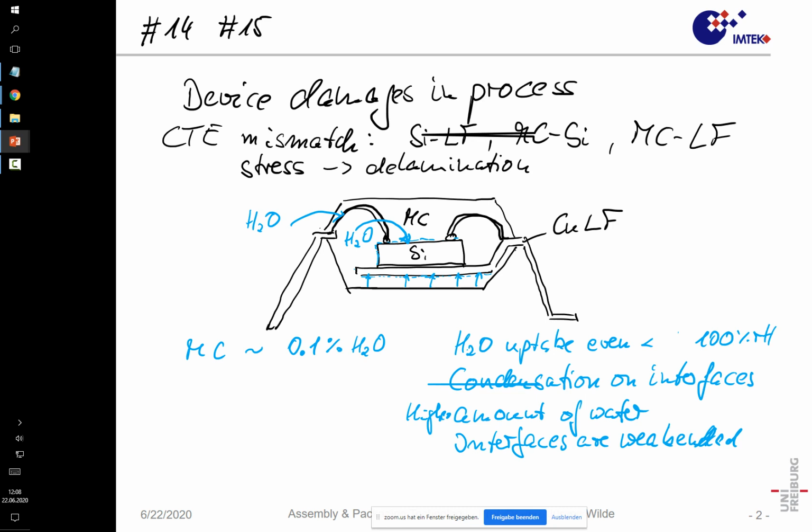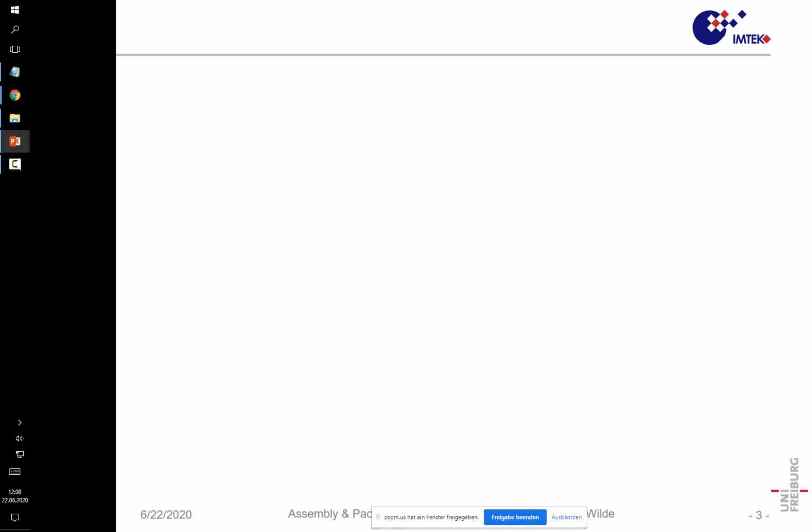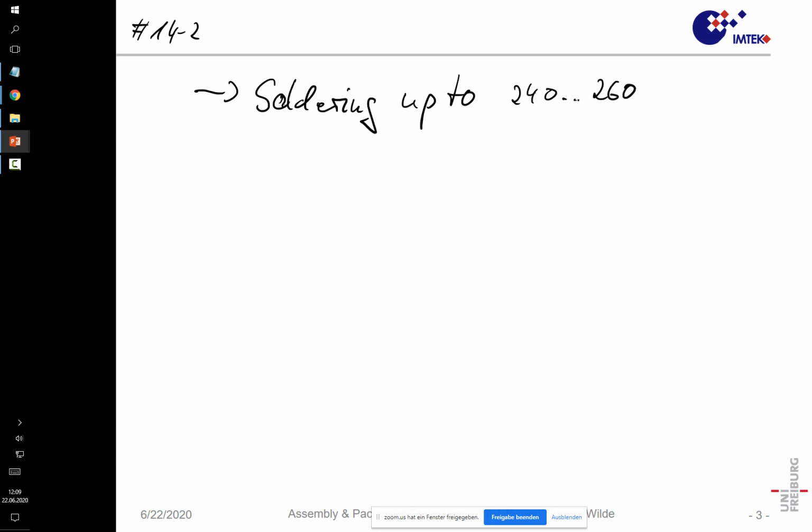So now when we go into the soldering process, what is a typical soldering temperature? Can you please speak a little louder? 260 degrees centigrade. Yep. Let's say up to, some soldering processes are a little lower with respect to temperature, let's say up to 240 to 260 degrees centigrade.